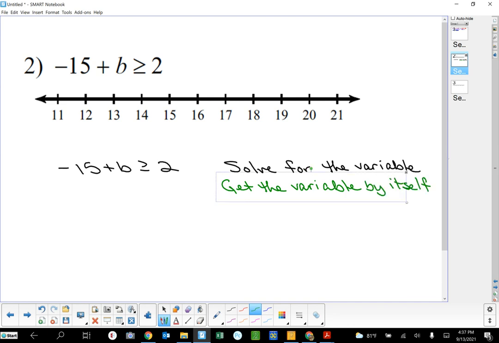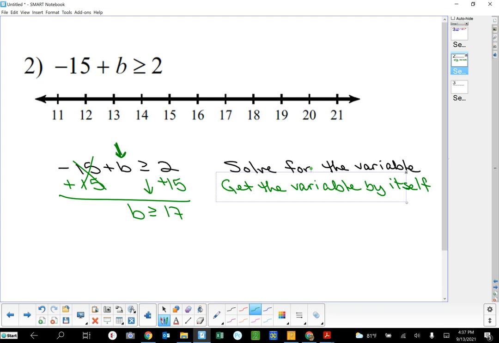And here we can do that by keeping this b. We want to lock this here by itself. So we're going to move this 15 away from it, and it's subtracted, so we're going to add a 15 to both sides. That's going to cancel the 15 out of here, but the b is going to stay. We bring down the inequality symbol, and we get 17. So b is greater than or equal to 17.